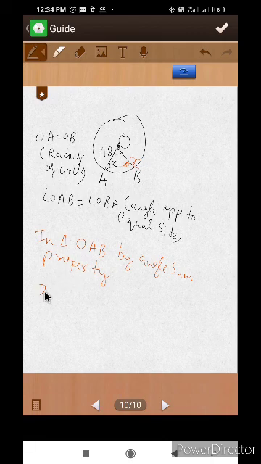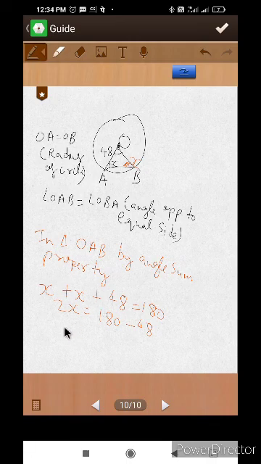So it will be x plus x plus 48 equals 180 degree. So 2x equals 180 minus 48. 180 minus 48 will be 132.